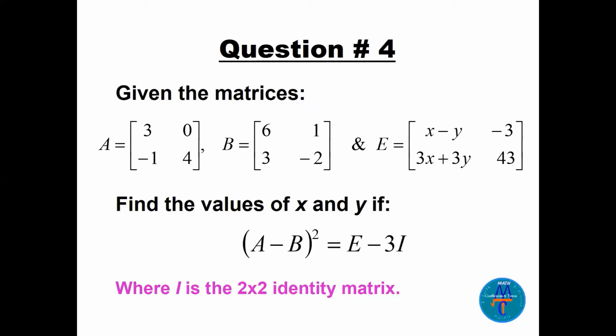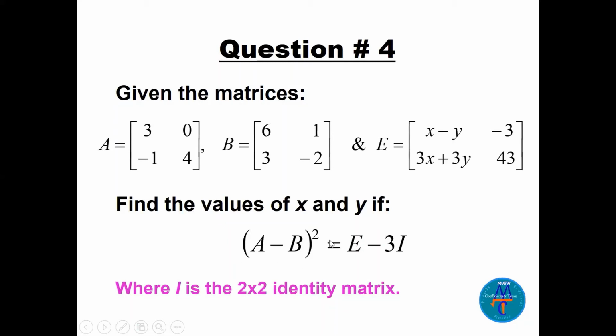If A minus B all squared is equal to E minus 3I. We have seen I before, and I mentioned that here. So I is the 2 by 2 identity matrix.